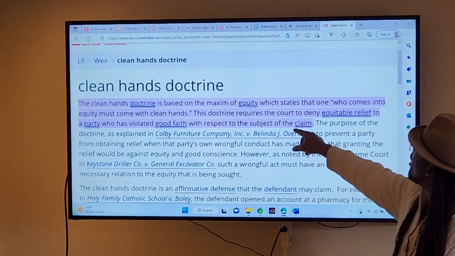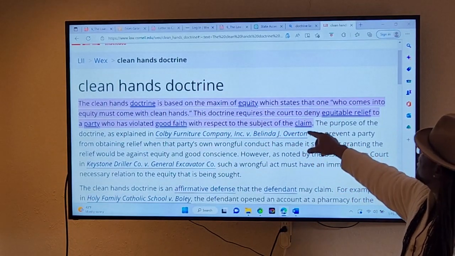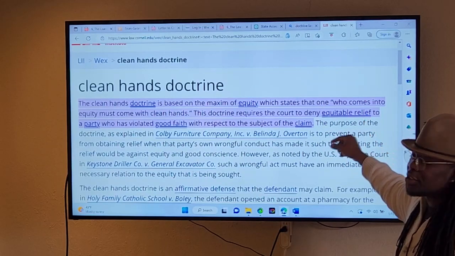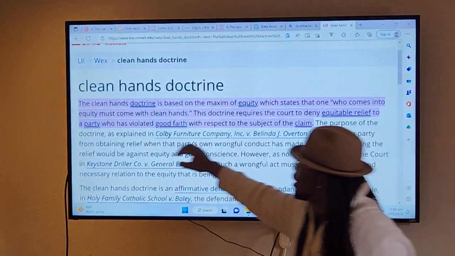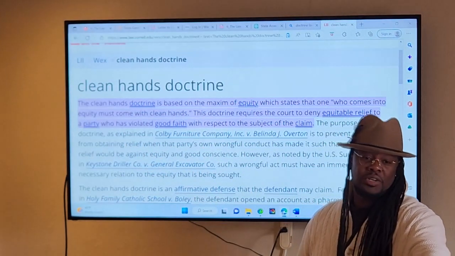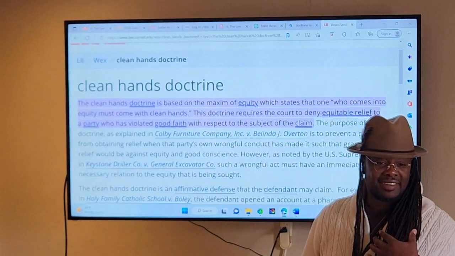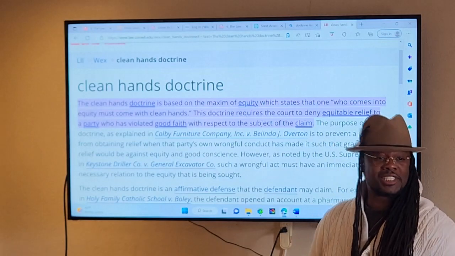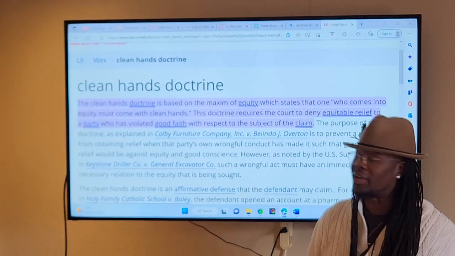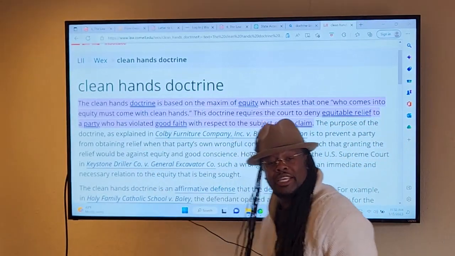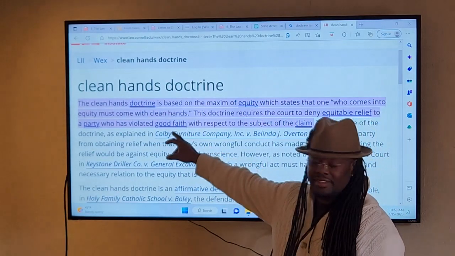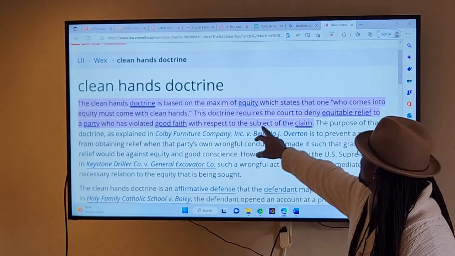This doctrine requires that the International Court of Justice deny our equitable relief claim to the return of our estate to a party, which would be the United States. No, our state, because we're the ones that made the application, right? Right. Okay. To a party, a state, who has violated the good faith with respect to the subject of the claim.